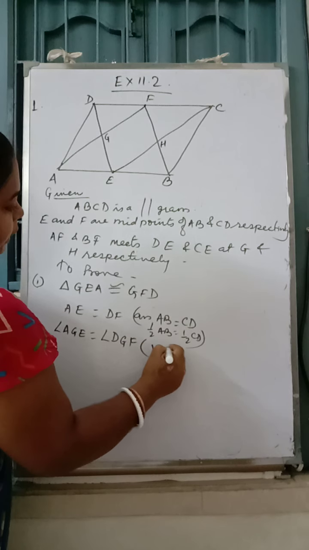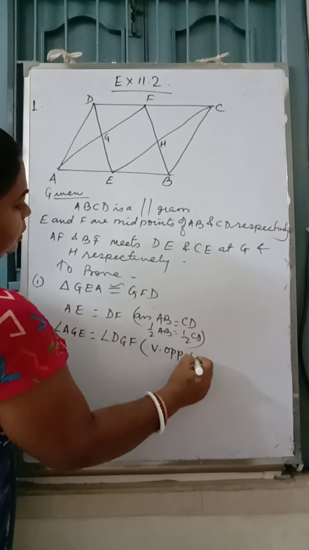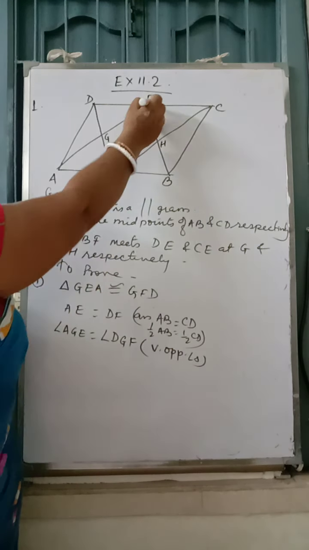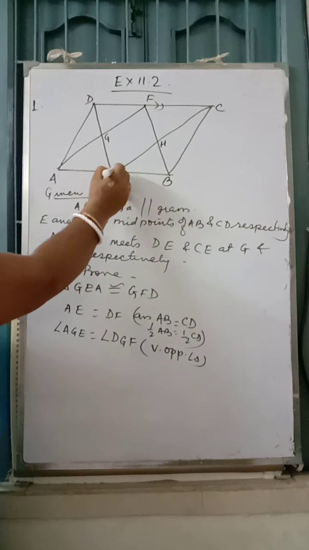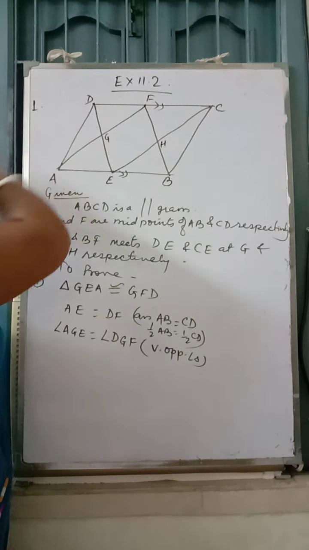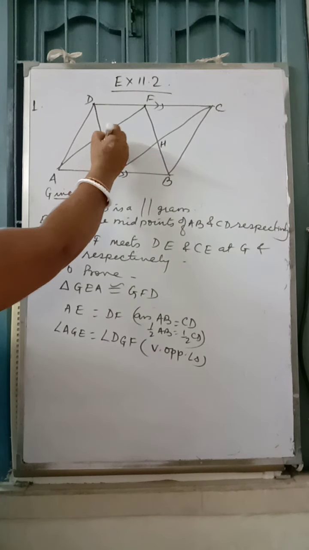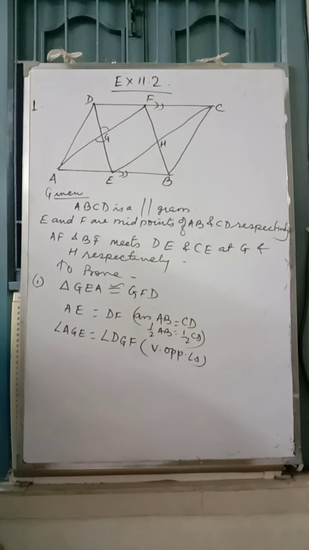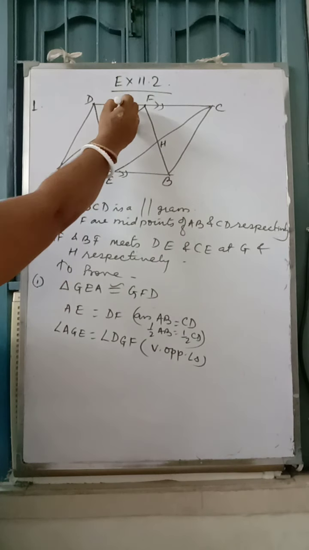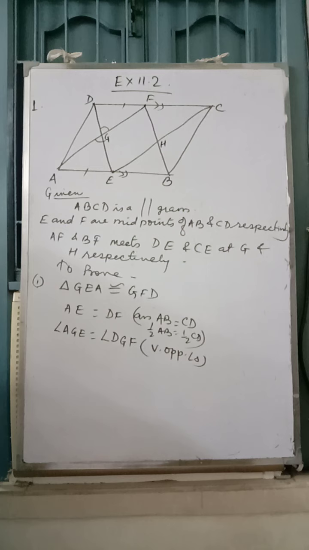Why? Vertically opposite angles. See, this is a parallelogram, so these sides were equal. Now E is the midpoint of AB and F is the midpoint of CD, so their halves would be equal. This angle is equal to this angle, vertically opposite angles. This side is equal to this side, given because E and F are midpoints.